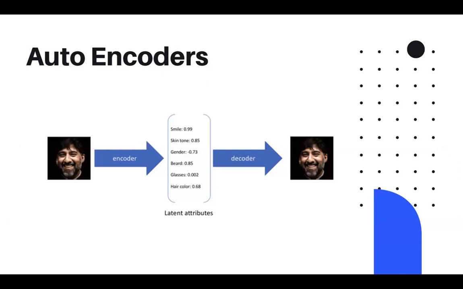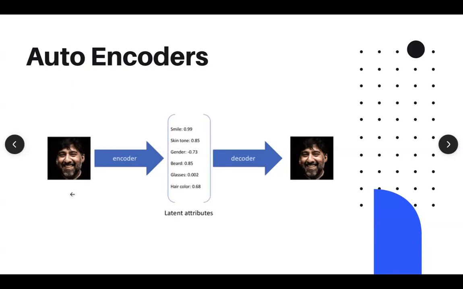But just for the sake of humans understanding, it's trying to do something like this: it takes an image and encodes it to some features that it can later use to reconstruct the same input image. So here, whether the person is smiling or not, clearly the person is smiling, so this feature is maximized. Skin tone, this person is a little bit on the darker side, so the skin tone is 0.85.